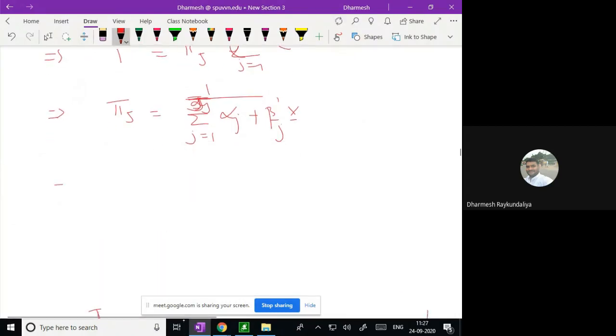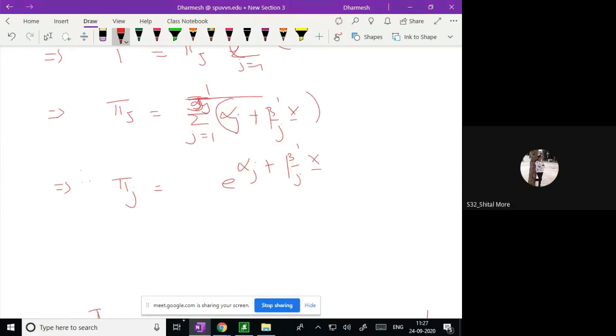Therefore, what is the probability pi j? Pi j is nothing but e raised to alpha j plus beta j dash x, upon the summation of e raised to alpha j plus beta j dash x.